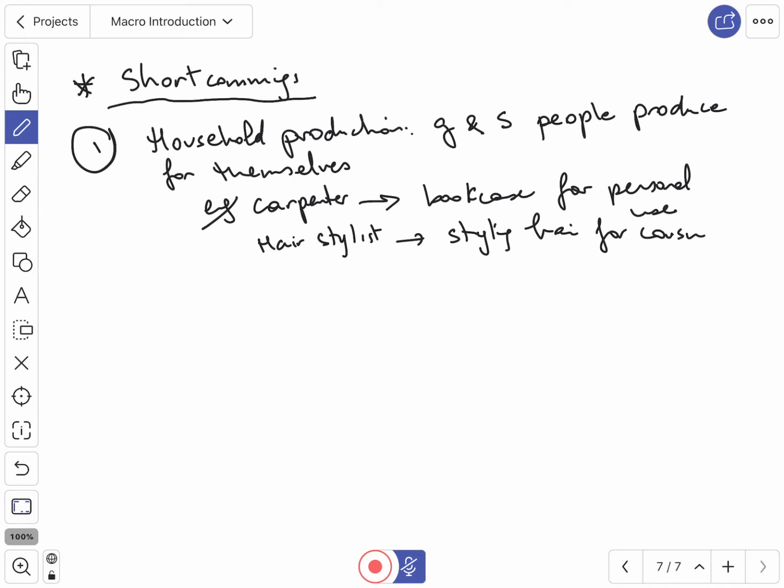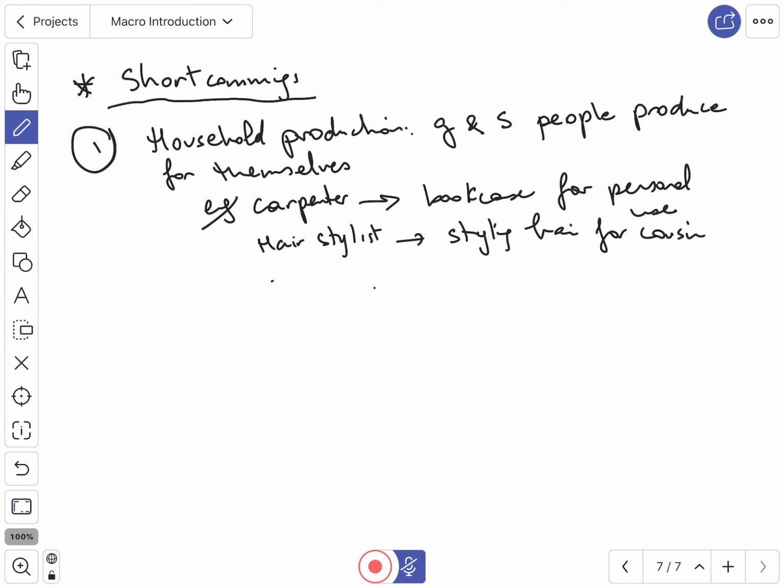You're not taking money, and it's not included in GDP. I gave you a teacher teaching the neighbor, for example, not taking money, or teaching your son, not taking any money in return. It's not computed in GDP, okay.